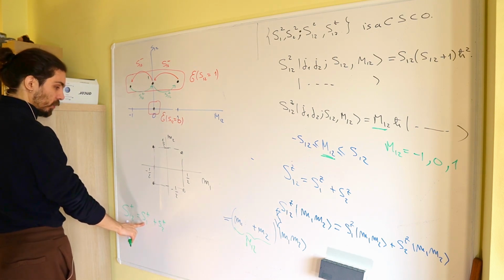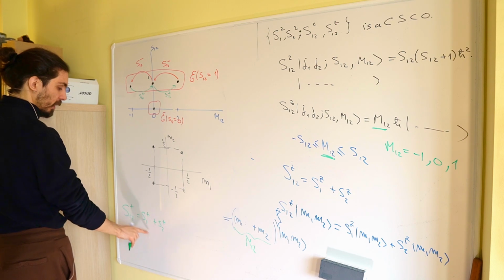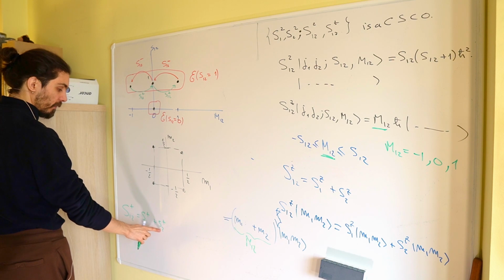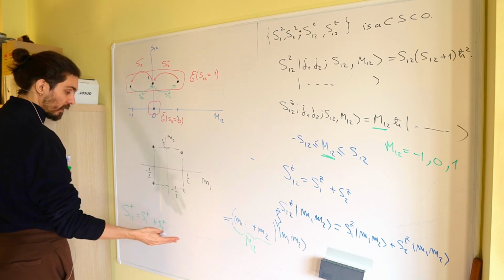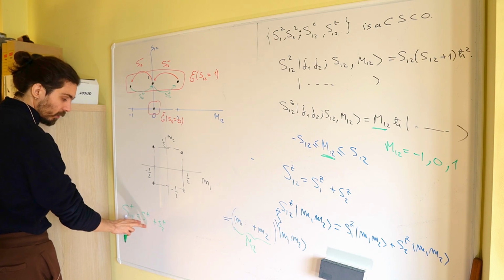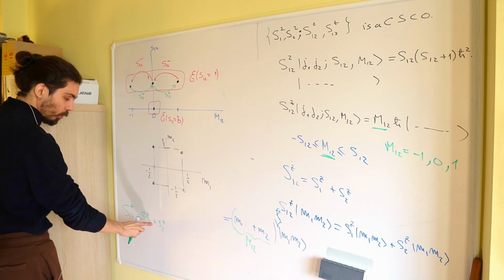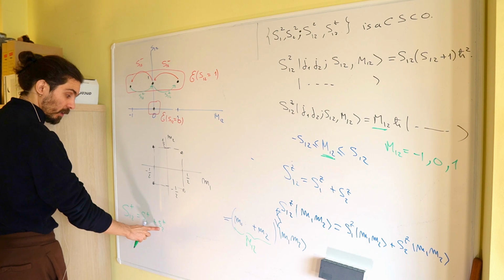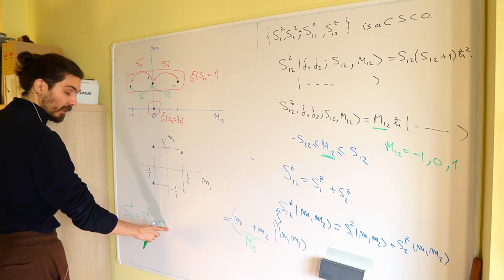So this only acts on the first electron, and this only acts on the second electron. So this must be understood as a tensor product with the identity at 2, and this must be understood as a tensor product with the identity at 1.